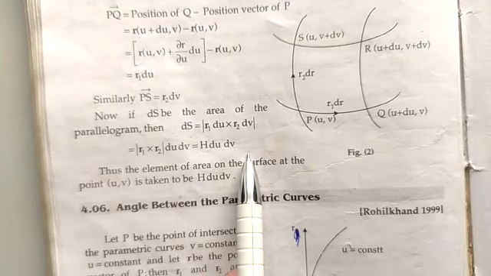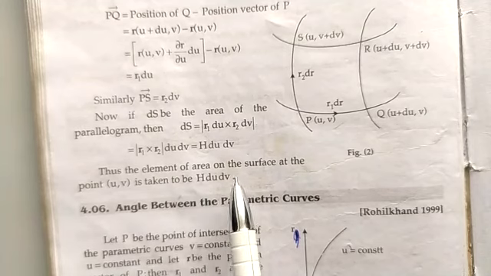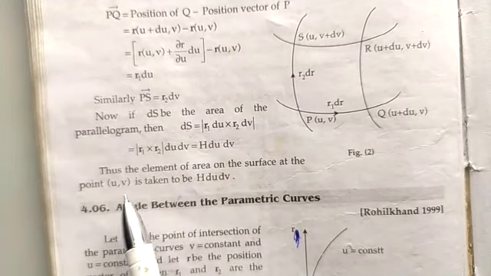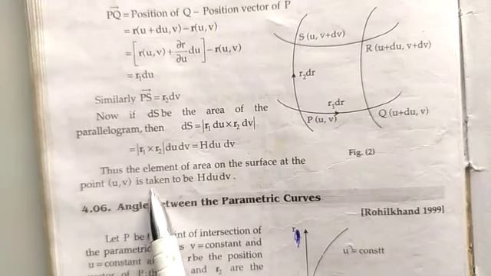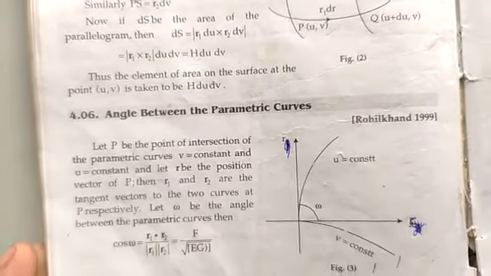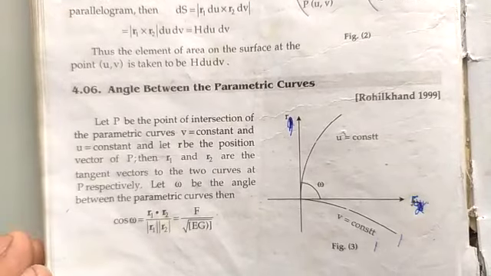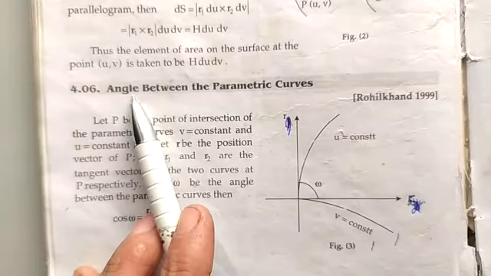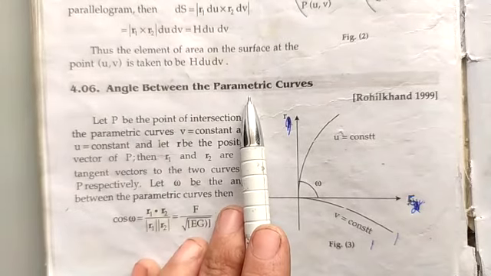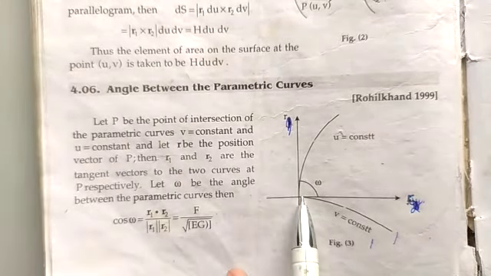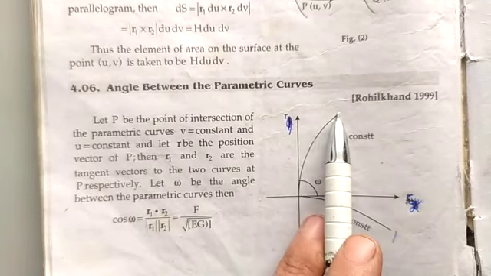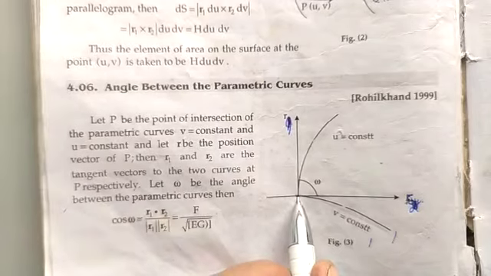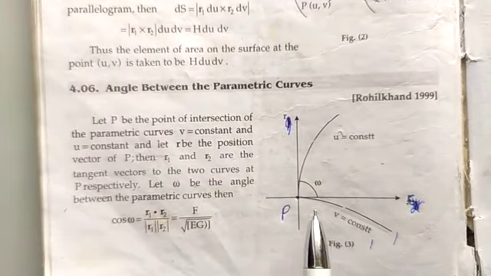So this is the formula for the element of area on a given surface at the point P having the coordinates u and v. Now the last formula is the angle between two parametric curves. To find it, let us take two parametric curves: one curve is u equal to constant and the second curve is v equal to constant. Let P be their point of intersection.